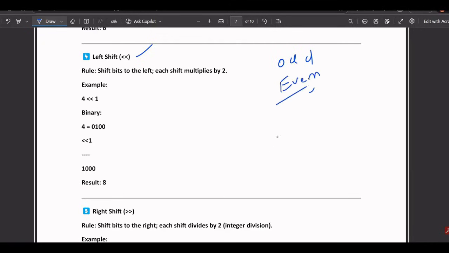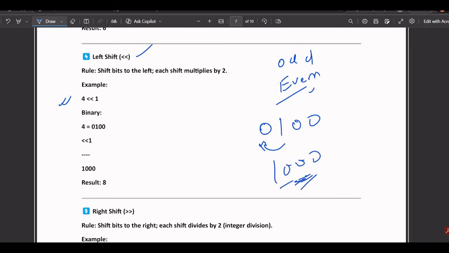In left shift, suppose we want to shift 4 by 1, or we want to shift 4 by 2, whatever it is. Understand this. 4 is basically 0100. Left shift means each number will be shifted by one place. So the 1 will come here, and it will be 1000, correct?